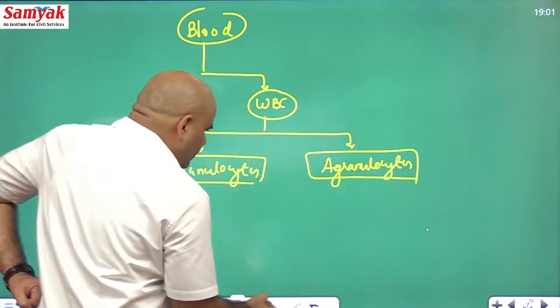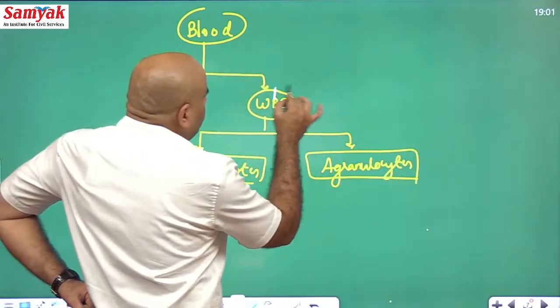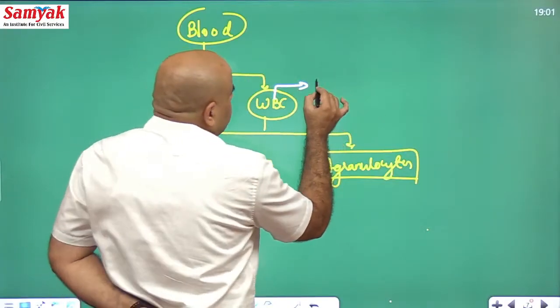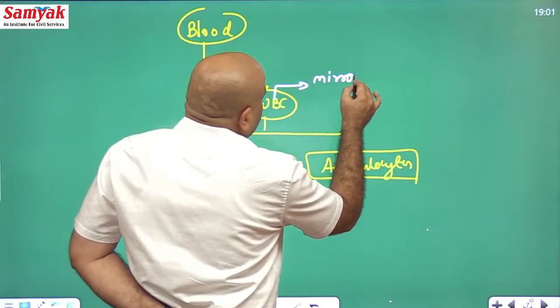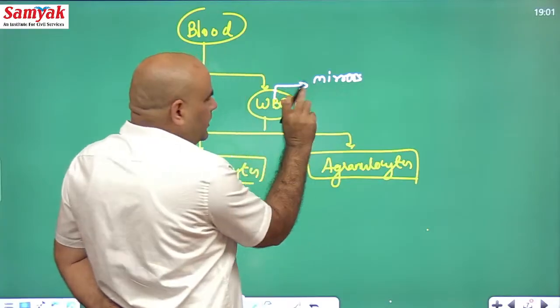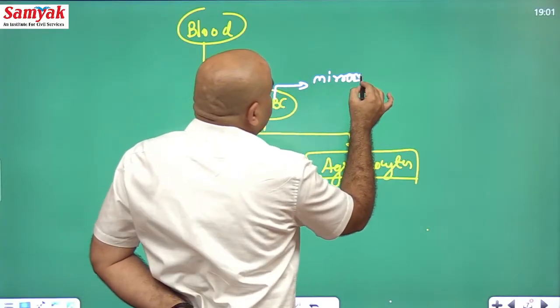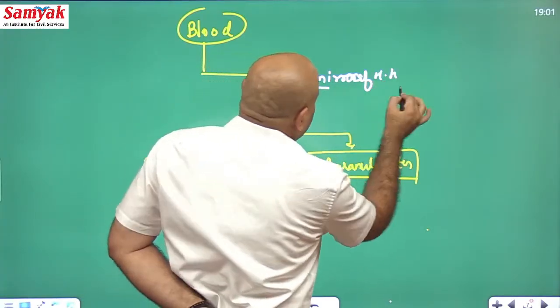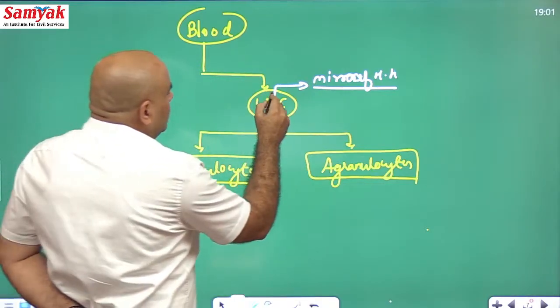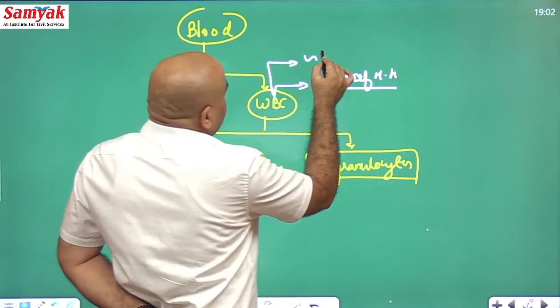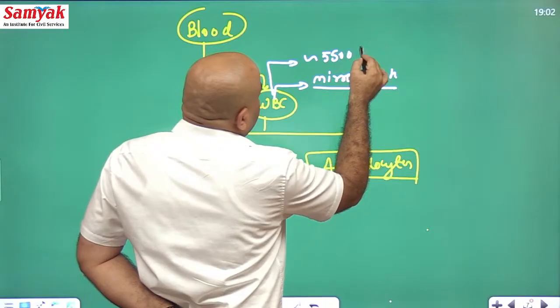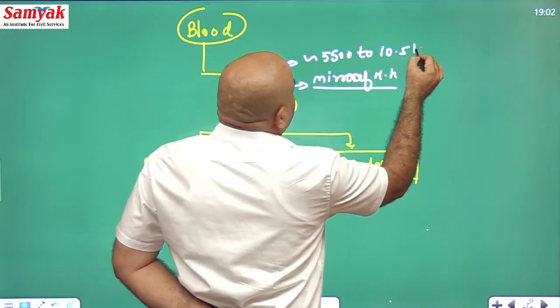First of all, whenever you are talking about WBCs, you need to remember any person's health can be judged with the help of WBC count, so it is named as mirror of human health. Now, normal WBC count is somewhere 5500 to 10.5K per ml.